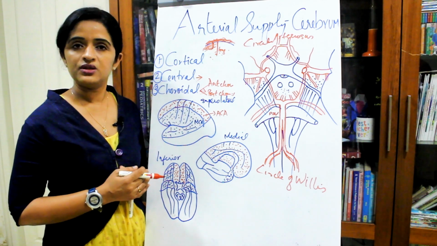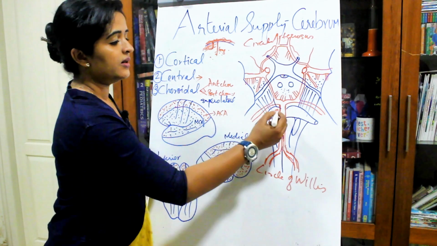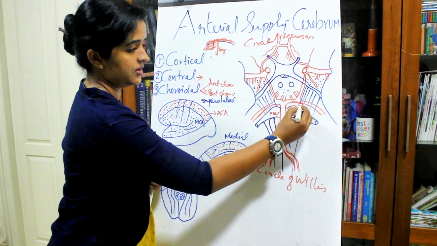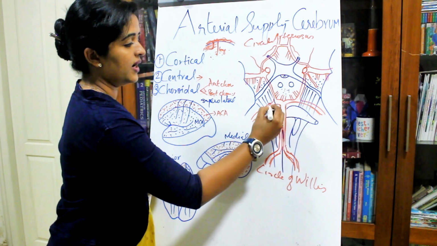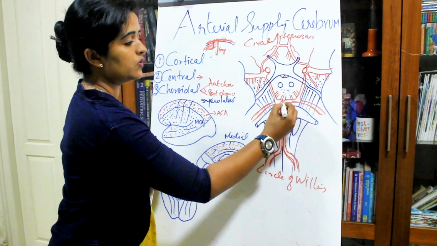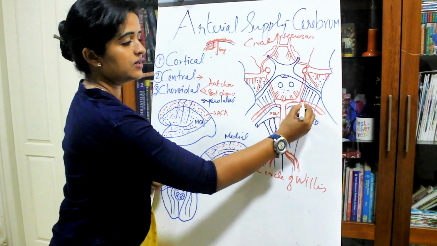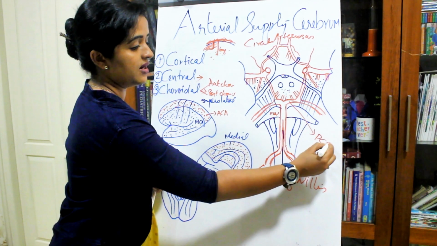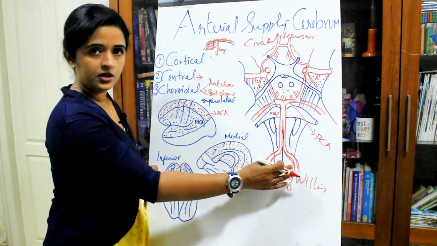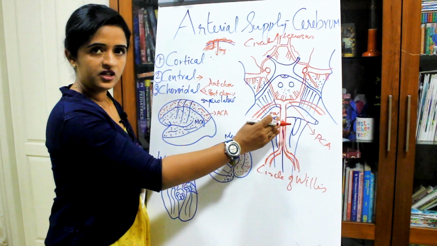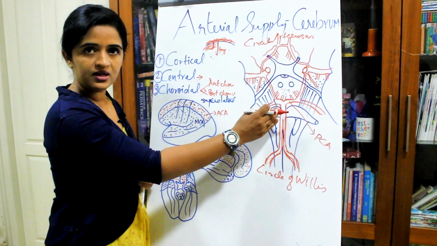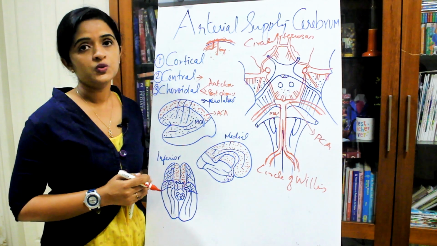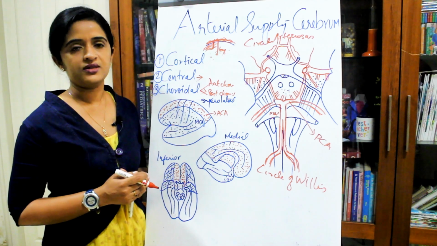The basilar artery lies in the basilar groove in the pons, and terminates by dividing into two major arteries supplying the cerebrum, the posterior cerebral arteries. So two vertebral arteries join at the inferior border of the pons to form the basilar artery, which terminates by dividing into two posterior cerebral arteries.